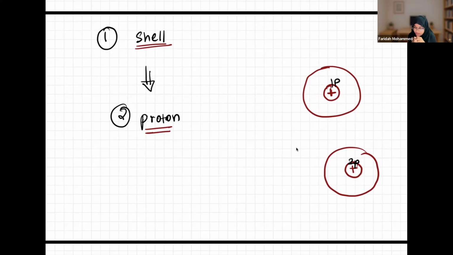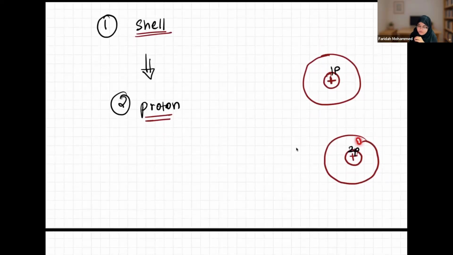They're going to pull and attract the shell with the electrons in, right? Because the electrons are negative, positive and negative attract. So the two-proton one is going to attract more. So what does it tell you? When you have a higher number of protons, is the size going to be bigger or smaller?